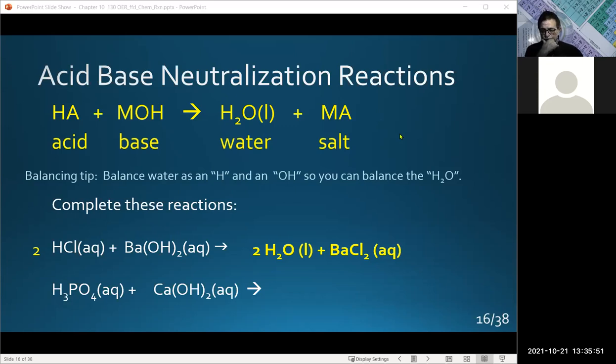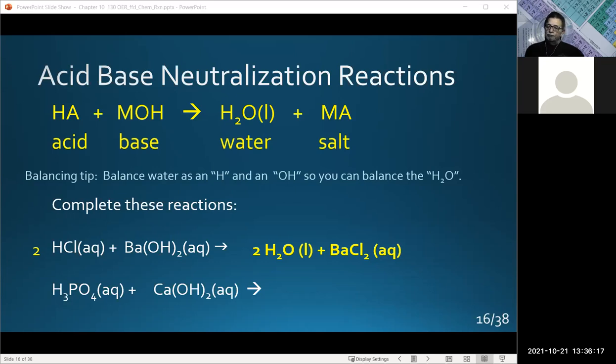Therefore, you are making water, which is liquid, right? So its physical state is liquid, L. The barium chloride, its physical state based on the solubility rules is soluble, and therefore we put AQ. Okay. All right, now we got a different one here.